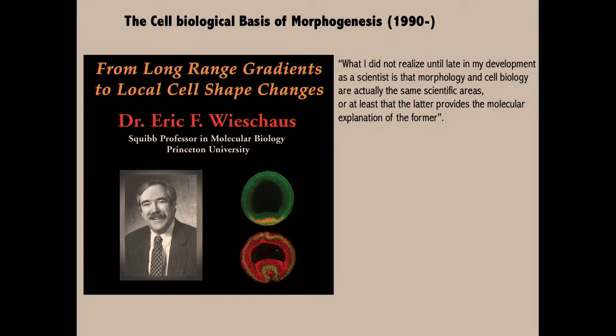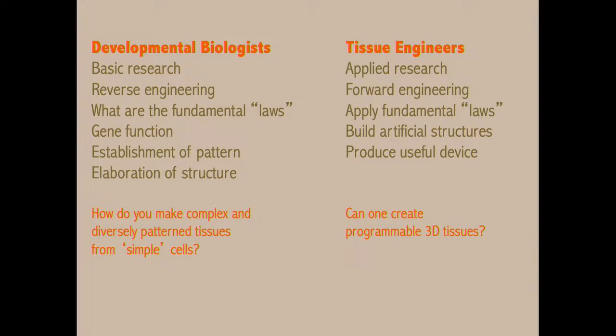And so I think we're still in this era of this cell biological basis of morphogenesis, and as developmental biologists, many of us are now also developmental and cell biologists who do basic research to understand how organisms build structures and to find out if there are fundamental laws, and if we can explain how genes actually help build, form, elaborate a structure or establish patterns.